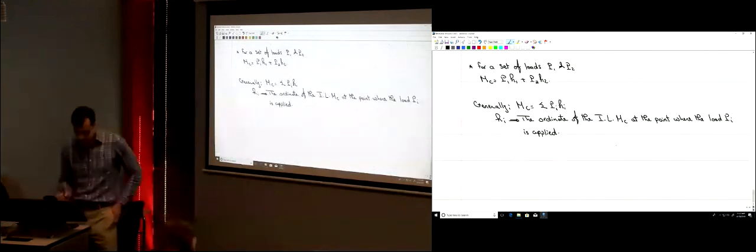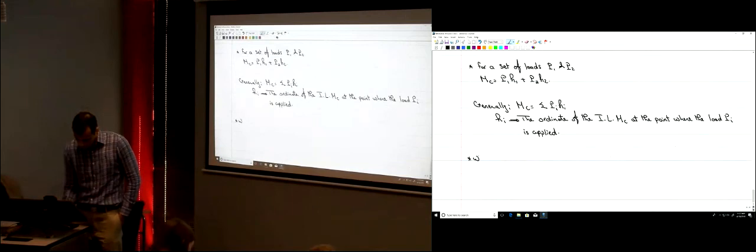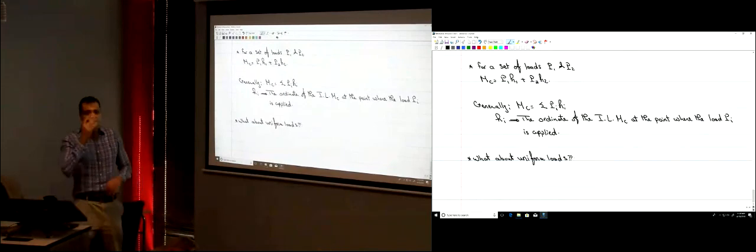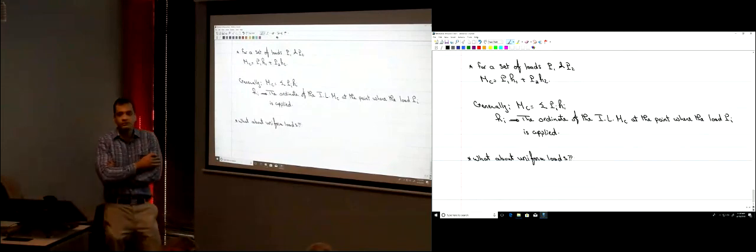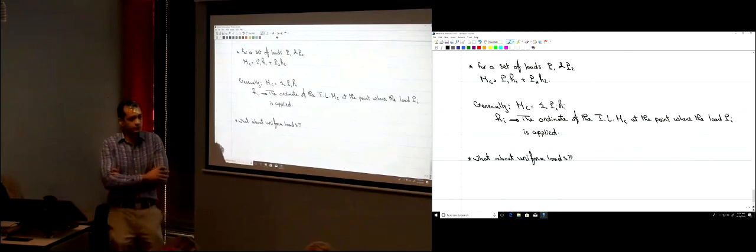What do you think? Who thinks you can use the influence line if you have a uniform load?